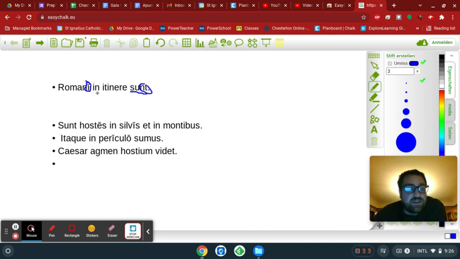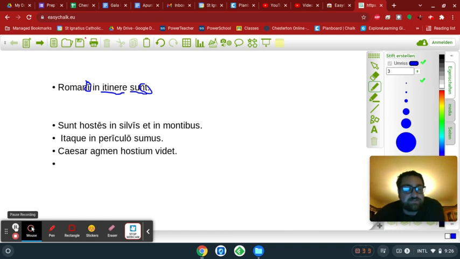So the Romans are in itinere, and then itinere means a journey. It's like the word itinerary or itinerant, two derivatives that come from the word iter, itineris, so journey. So the Romans are on a journey or on the journey. Could be a journey or the journey.